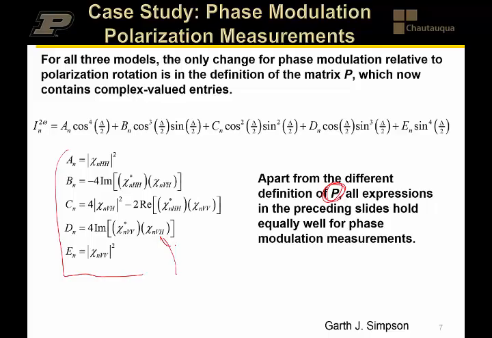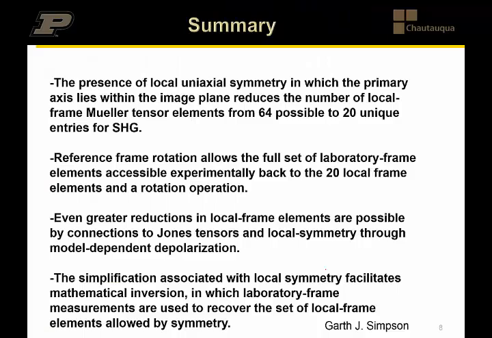And here, because you're doing phase modulation, you end up with some complex valued terms and some negative terms in there that make P a little bit more interesting than they are in polarization rotation with just ones or zeros. But the only thing that changes is the definition of P, and nothing else in the analysis is affected by that difference in measurements.